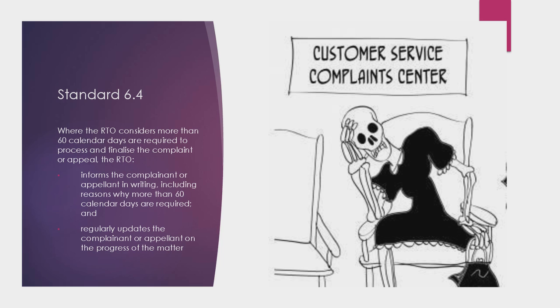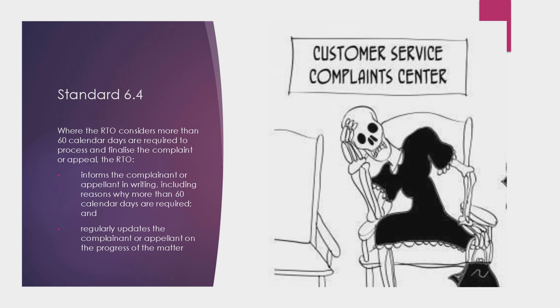As I've got in our little cartoon here, you don't want someone sitting there waiting, and the worst part could be that they actually go to ASQA and complain because your process is taking too long. And that's where ASQA has the right to say, well, you've gone more than 60 calendar days and you haven't let the student know how you're progressing with the complaint. So they can then take up the complaint and investigate it.